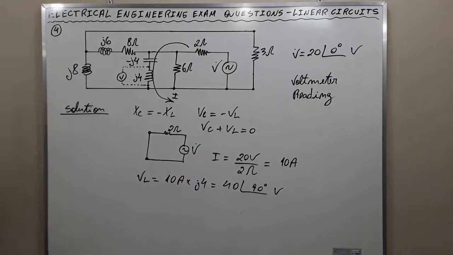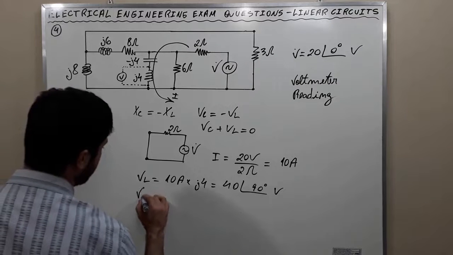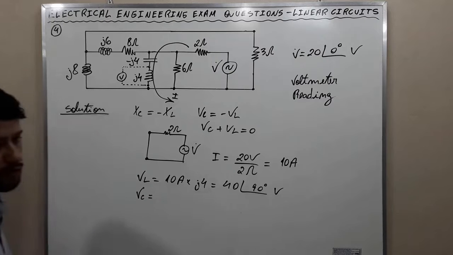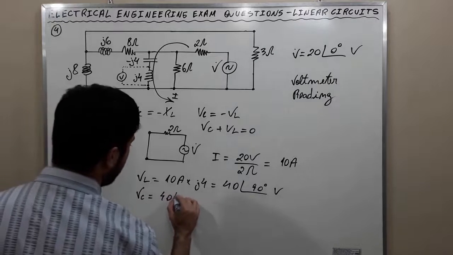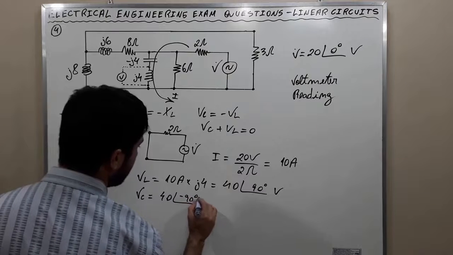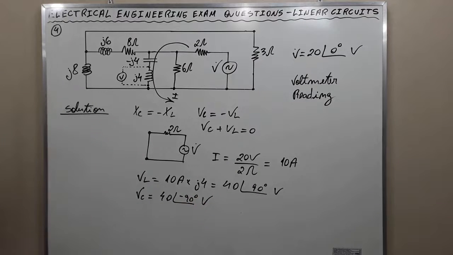Okay? And the voltage, the exercise didn't ask for this, but we can say that the voltage across the capacitor is the negative of this, which is 40 phase negative 90 degrees volts.